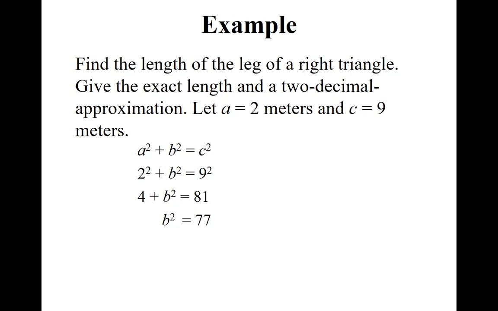That leaves us with b on the left and the square root of 77 on the right. That's the exact length, square root of 77 meters. Putting that in a calculator, we get a 2 decimal approximation of 8.77 meters.